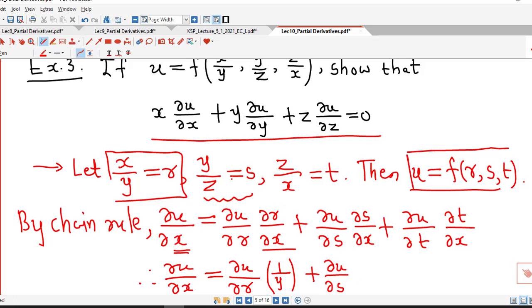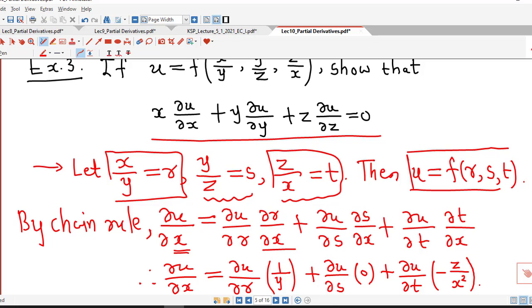Derivative of s with respect to x, so there is no x in s, so it becomes constant, therefore derivative is 0. Del u by del t as it is. Derivative of t with respect to x, so here z is constant and derivative of 1 by x is minus 1 by x square, so we have minus z divided by x square.